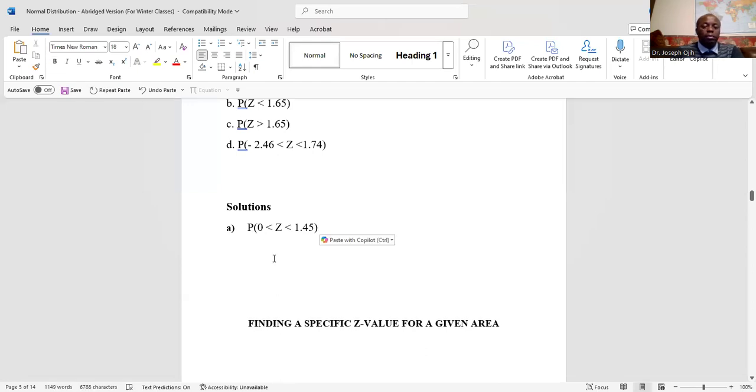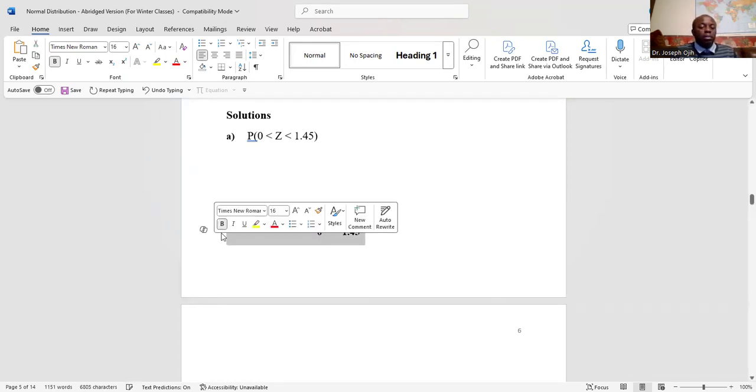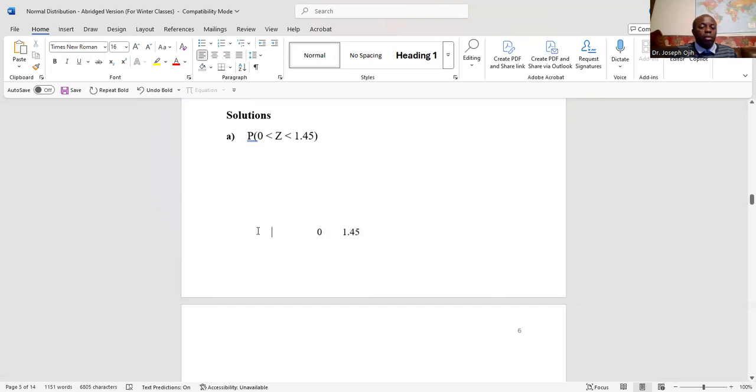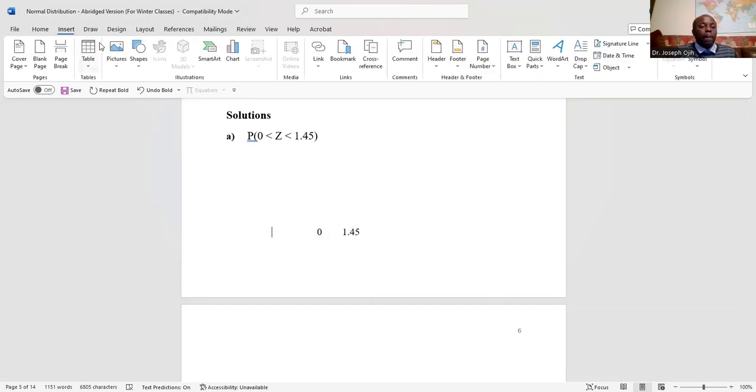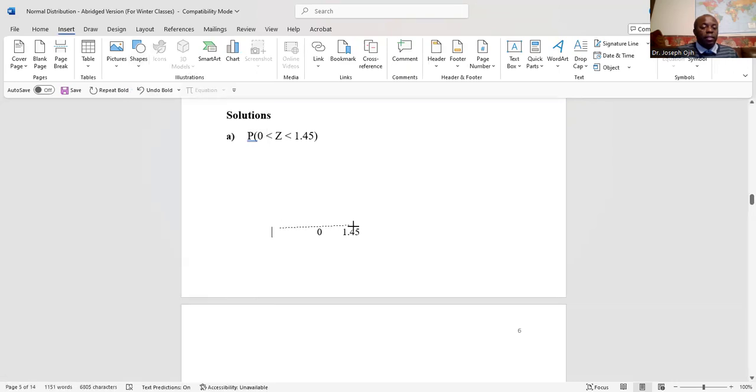Okay, find this. So what you're going to do, as usual, is draw the chart, 0 and 1.45. So let's draw the chart. I'm going to put this so it's not too bold. Draw the chart. Get the x-axis.